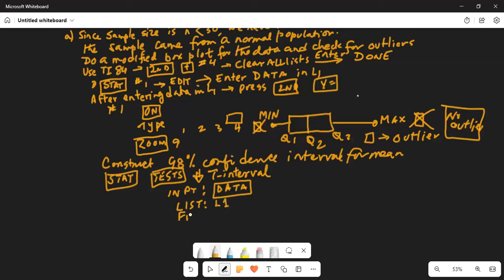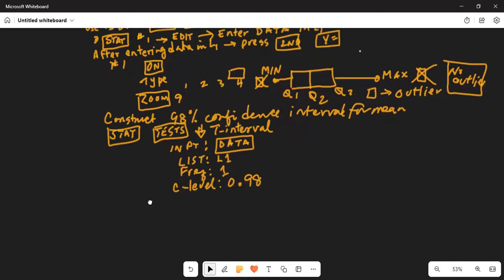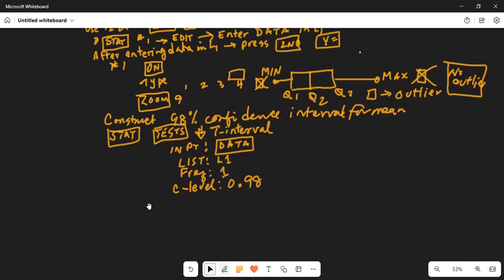Frequency is already set at 1, do not change it. And C level is 0.98. Make sure it is 0.98, not 0.95. And then we calculate. Next, bring the cursor onto calculate.